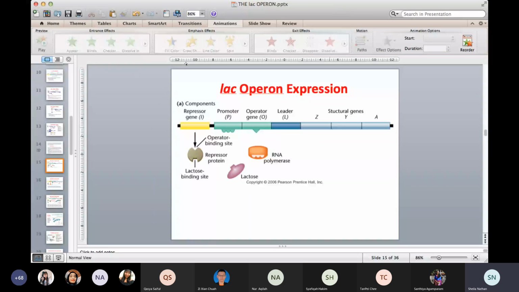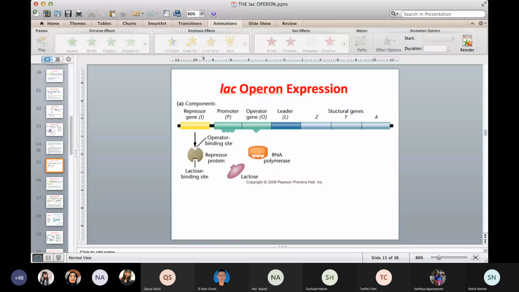Now you imagine the same bacterial cell, where inside the cytoplasm and in the environment, there is no glucose. There's no more glucose. So if there is no glucose, the bacterial cell cannot generate energy. Sooner or later, it's going to starve and then it's going to die.